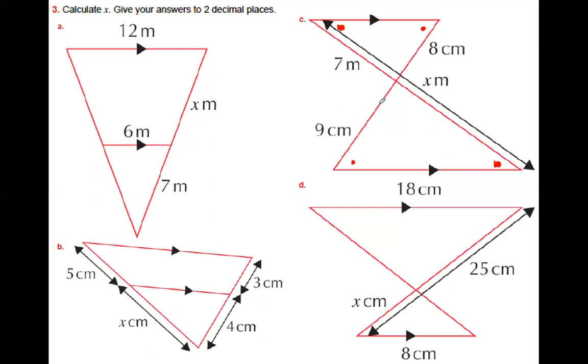To do that, I've got a scaling factor here, 9/8. So if you were to draw from that point to there, you've got 9, and from that point to there, you've got 8.